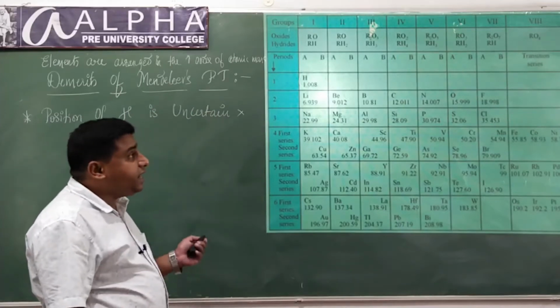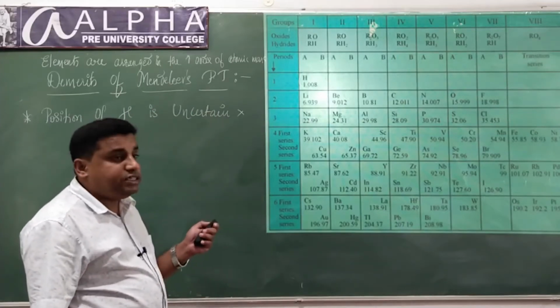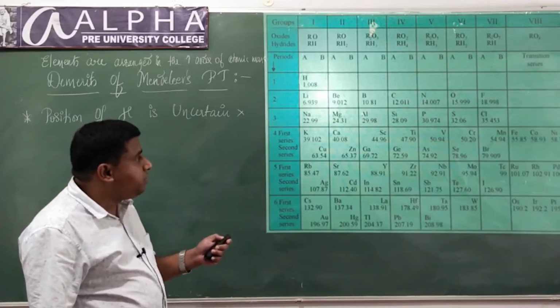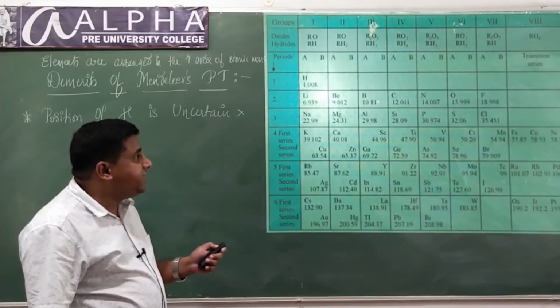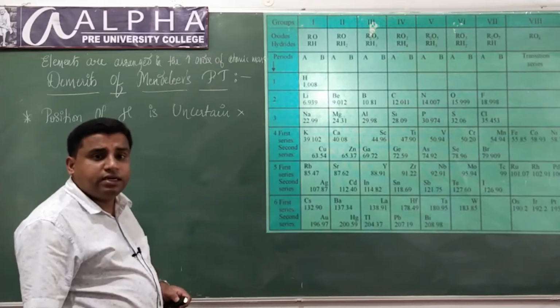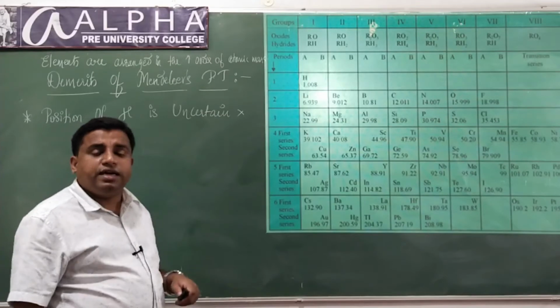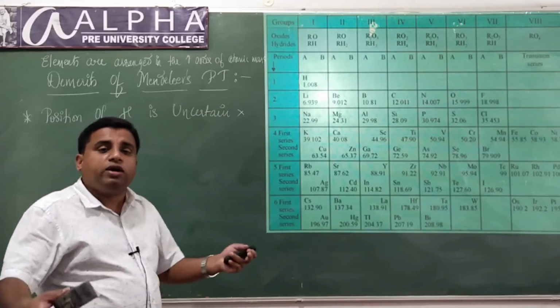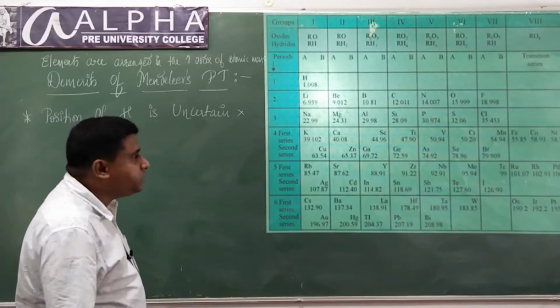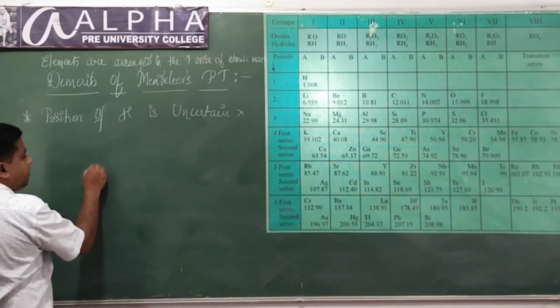Well, he is arranging the elements in the increasing order of atomic mass: hydrogen, lithium. Look here, you can observe the numbers, there is an increasing order of atomic mass. If the elements are arranged in the increasing order of atomic mass, why not isotopes? Because isotopes will also have different atomic masses. What are the different isotopes of hydrogen?